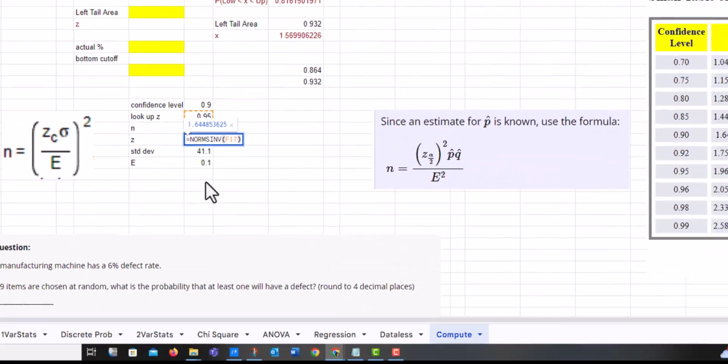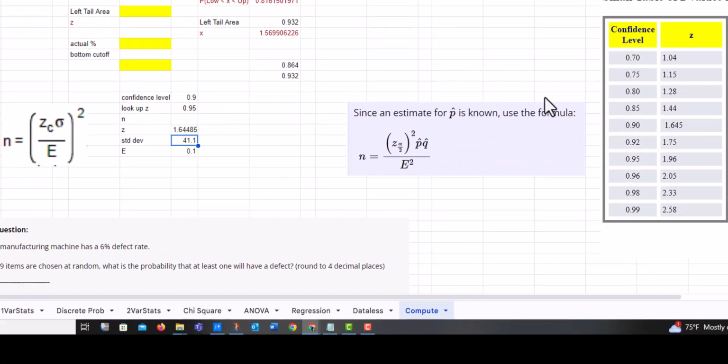So I made a formula. And the reason I did that, watch this. 0.70, I should get 1.04. Let's just try it. 0.7. Look at that, rounded. If I do 0.99, that's this one. So it makes a nice little formula.